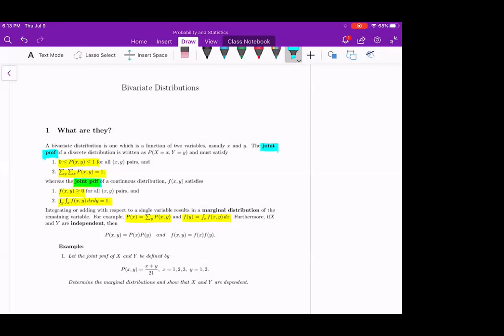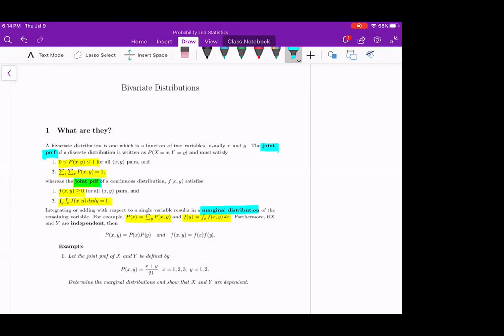And when you integrate one of those variables out, you have what's called a marginal distribution, or marginal PMF or marginal PDF, depending on whether it's discrete or continuous. And so it's some terminology that's being introduced here. Joint, because you are essentially joining 2 or more variables. Marginal, because you have marginalized it by removing one of the variables.